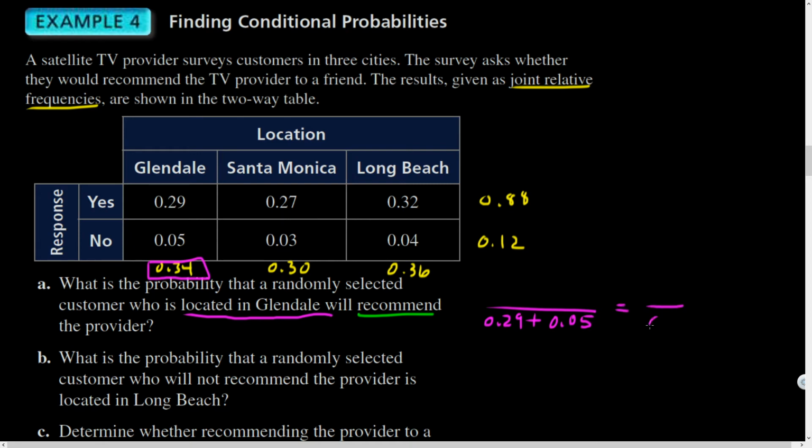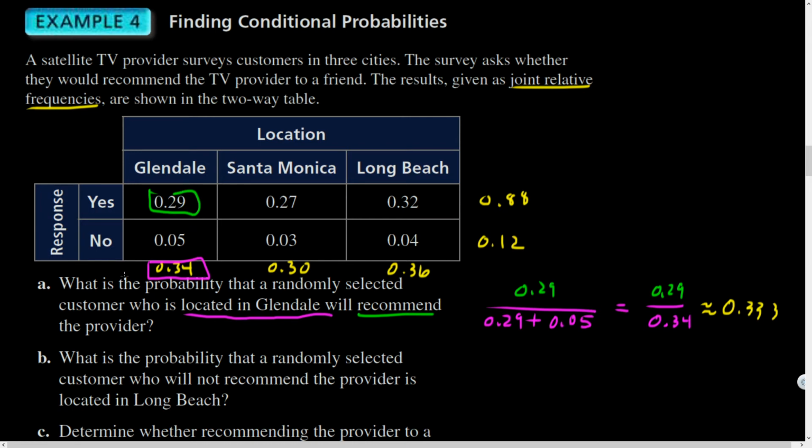And notice that's exactly the same as the 0.34. And the numerator would have been this value. So the 0.29. And that is approximately equal to 0.333. So you could say roughly 33% of those in Glendale will recommend to their providers.